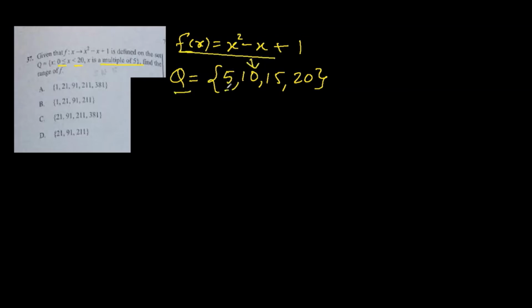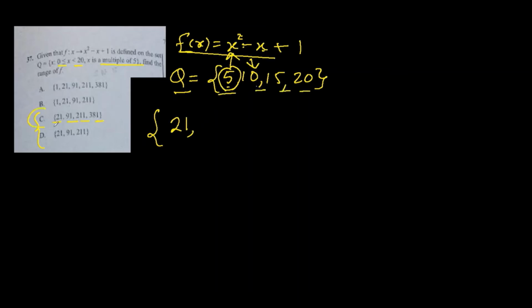That means we'll substitute them one by one into this function. Let me do it mentally; you can use a calculator. 5 squared is 25, minus 5 is 20, plus 1 is 21. So C and D are the two options, and you can see that there are 4 elements here and 4 elements here.